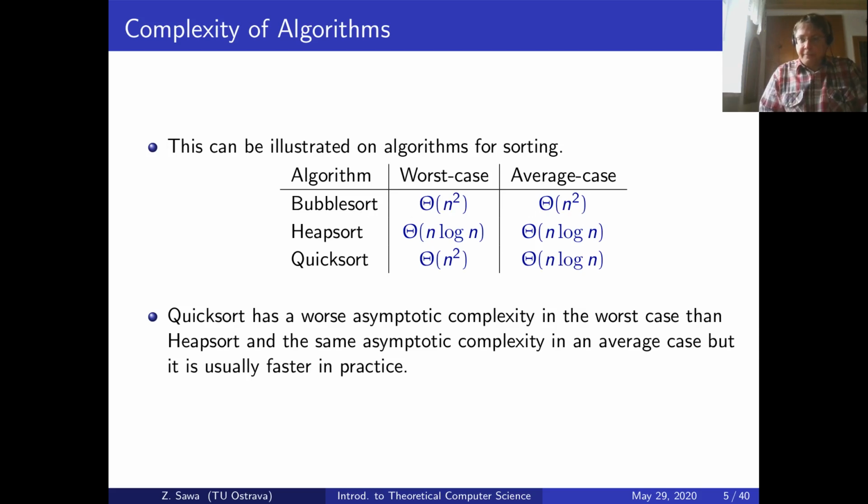But with growing n, they are much worse than the other types of algorithms. There are algorithms like heap sort or merge sort that have complexity, in both the worst case and the average case, in theta n log n.